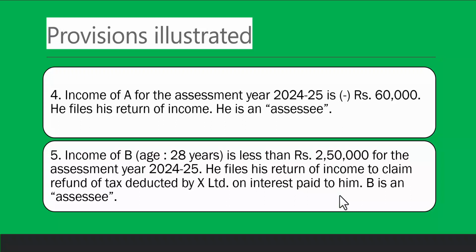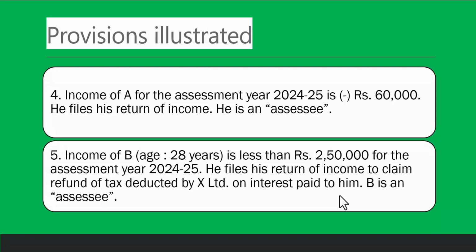Income of B, age 28 years, is less than 2,50,000 for the assessment year 25. He files his return of income to claim refund of tax deducted by X Limited or interest paid to him. B is an assessee. Now, sometimes income is less than 2,50,000, but people still file income tax return because suppose they have a fixed deposit with the bank, and the bank has deducted some tax at source, which is called TDS.